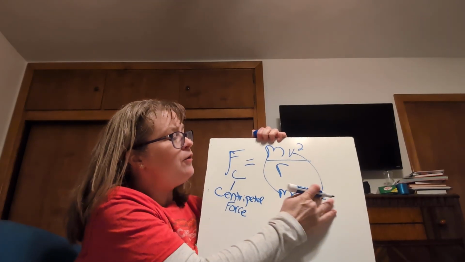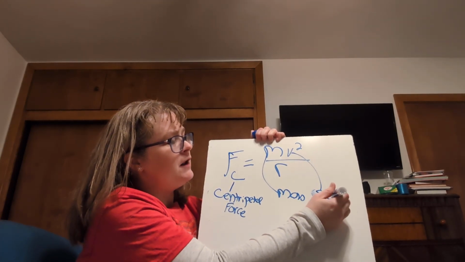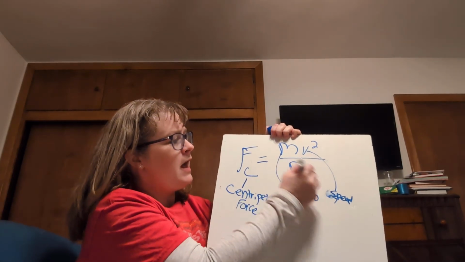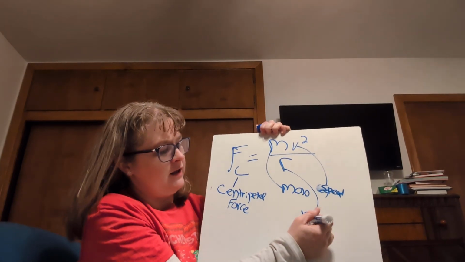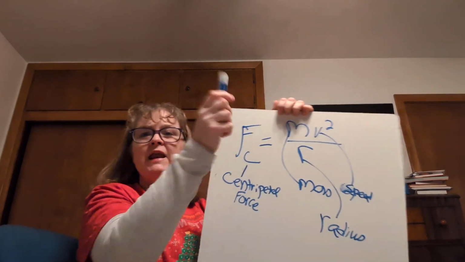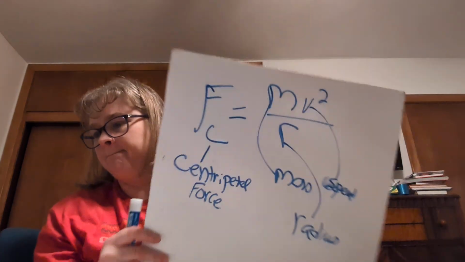Or you're really going to be looking more at speed here because you're constantly changing direction, right? And then your r is your radius. So if something is spinning like this, the length of your string, if you have a string hanging off, is going to be your radius because that's half the circle, right?